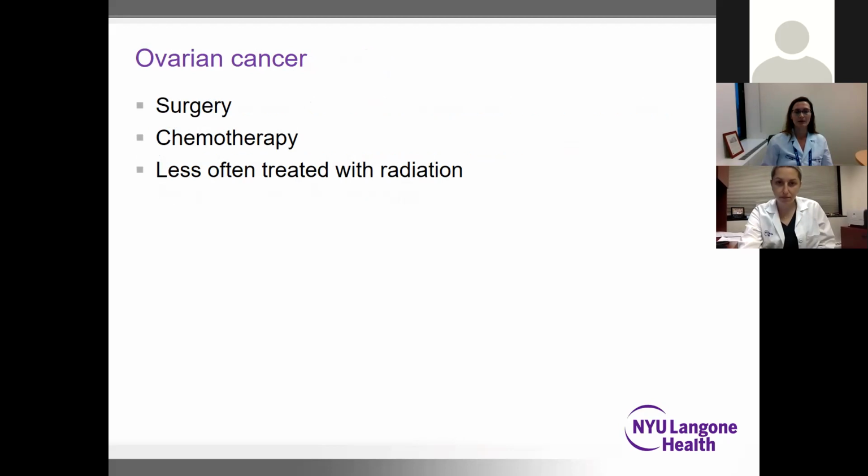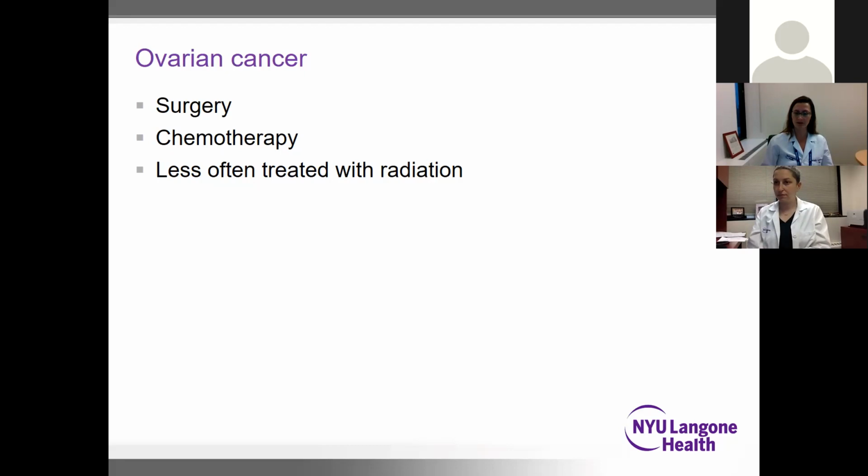Depending on your age and the type of cancer suspected from your tumor markers and how everything looks on imaging, some women are eligible for what we call fertility sparing surgery, where some of the reproductive organs can be left in place. But again, that would be determined based on the type of cancer and your age.